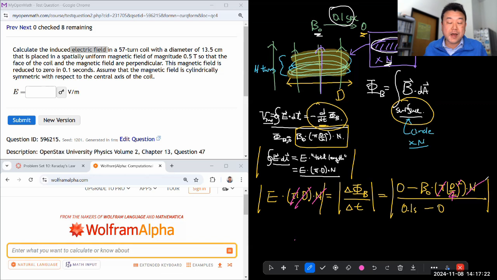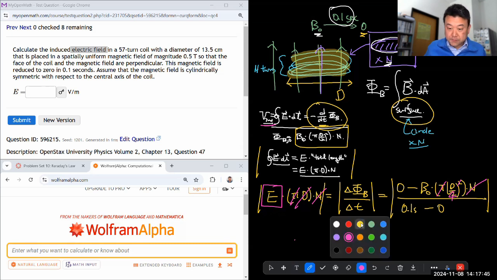You actually don't care how much coil there is, as long as you are concerned only with the electric field. Whether it's 1 turn or a million turns, the electric field will end up being the same. The voltage might be different, but for the electric field, the n just cancels. There is a dependence on the diameter because it determines the area.